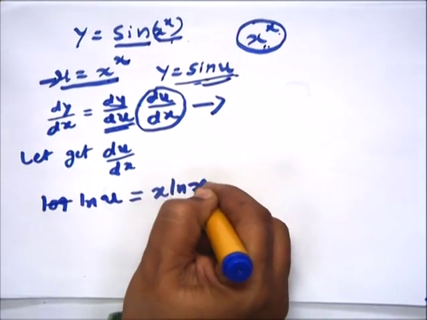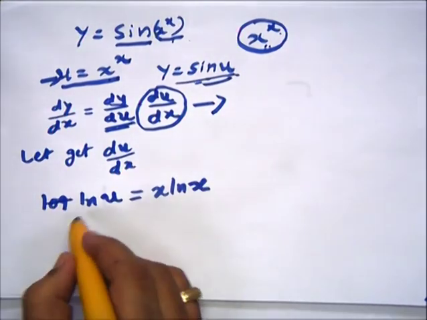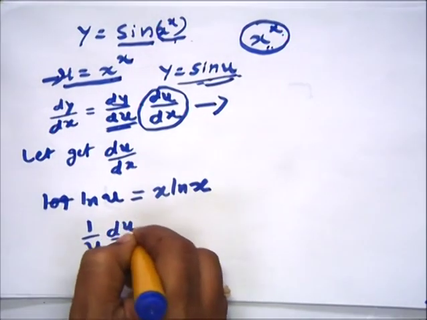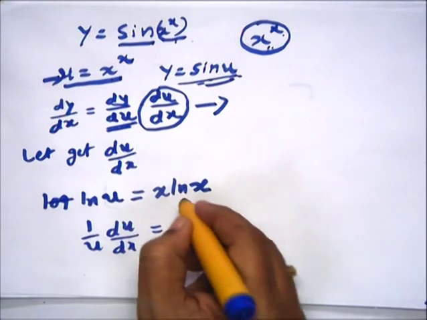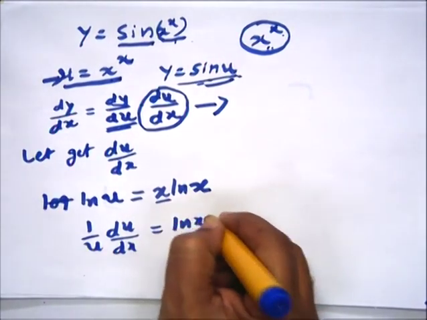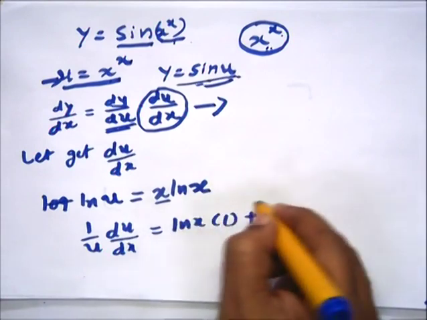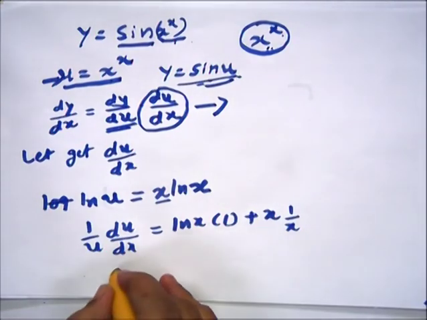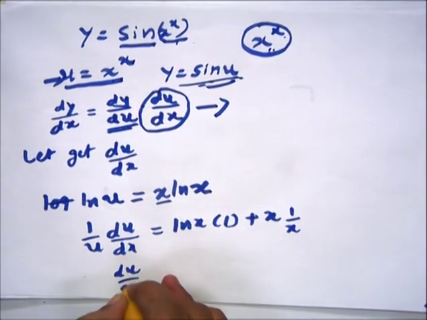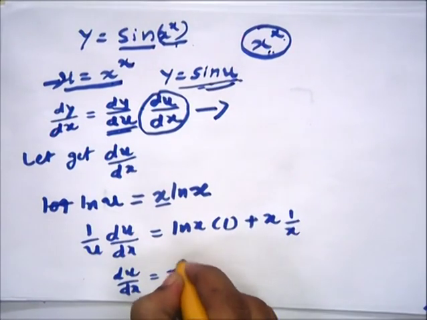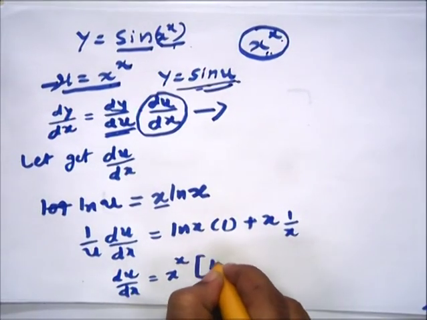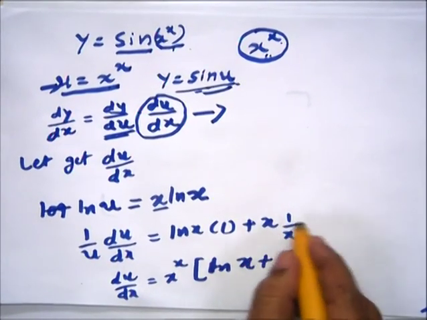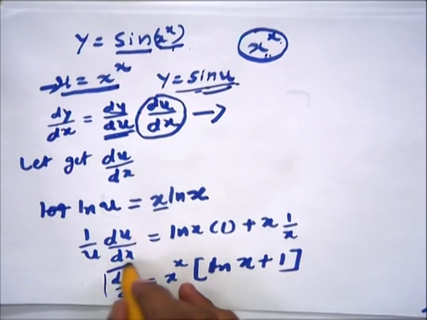This example we have already discussed earlier, so I am omitting some of the steps. So 1 upon u into du by dx is equal to log x as it is into the derivative of x, which is 1, plus x as it is into the derivative of log x, which is 1 upon x. So du by dx is nothing but x raised to x into log x plus 1. This x will get cancelled. So this is du by dx.